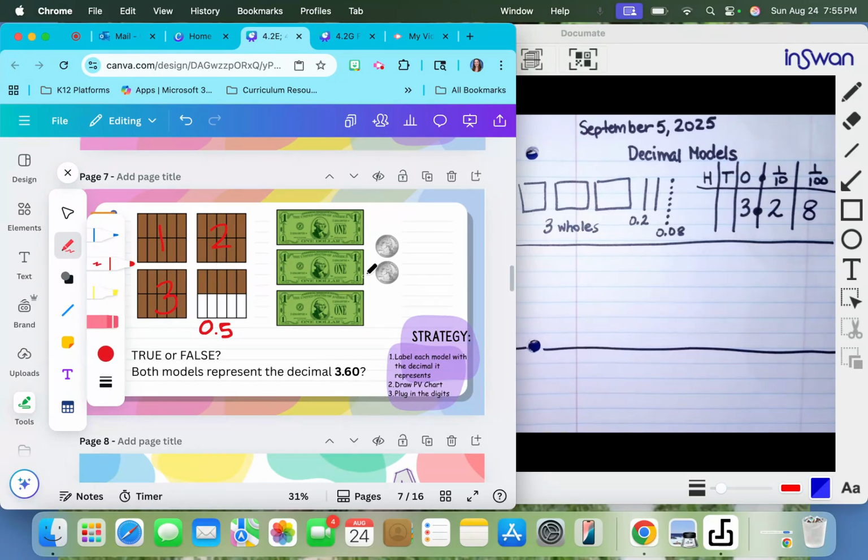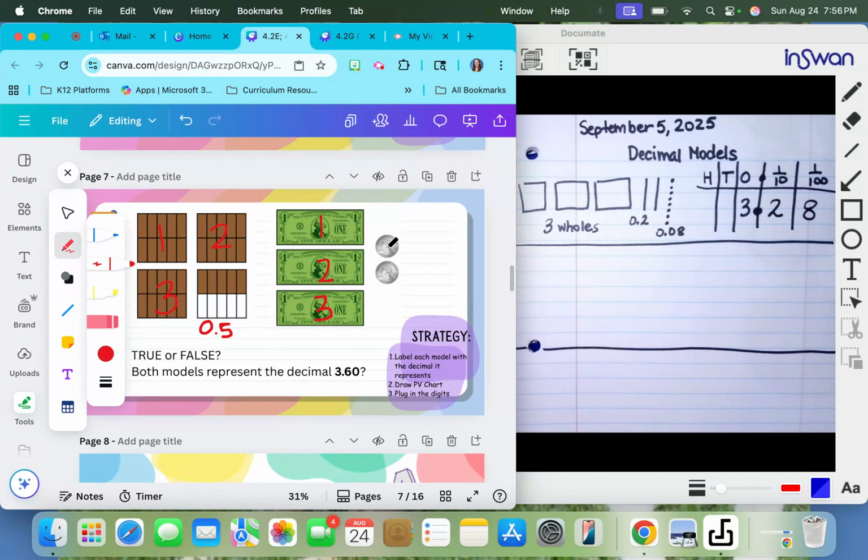Let's see what decimal number our money represents. Our dollar bills are representing 1 whole. How many do we have? 1, 2, 3. And then our quarters here represent our cents, or in this case, hundredths. Taking a look at our money, how much is 2 quarters?